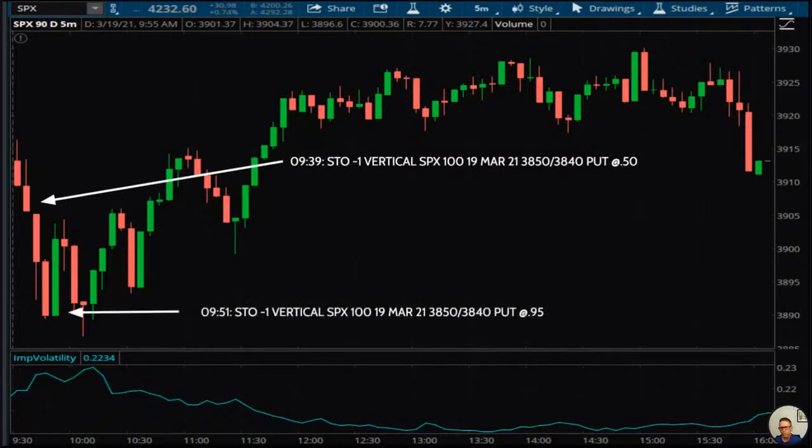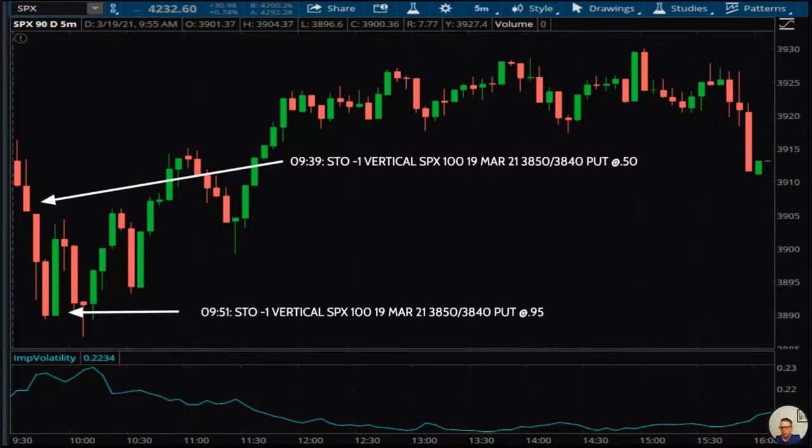And again, this is one of those examples where I put it on after, and it was larger than 70 cents, okay? But I looked at where we had a bottom here, and we had a nice green candle up. And again, this is the 5 minute, all right? I was able to put it on, and because it was a 38.50, 38.40, I was 40 points away from the market.